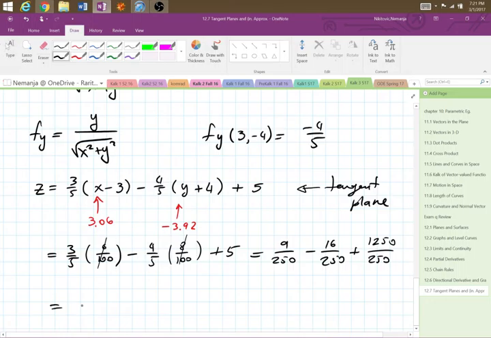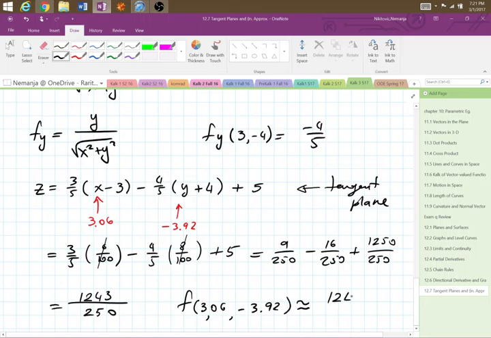So 1243 over 250. So the function computed at (3.06, -3.92) is approximately equal to 1243 over 250. It's not equal to that, it's about that.